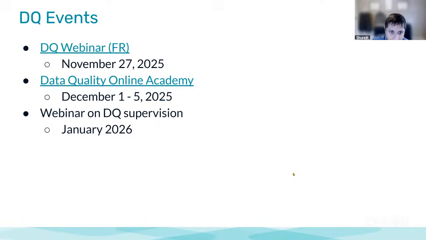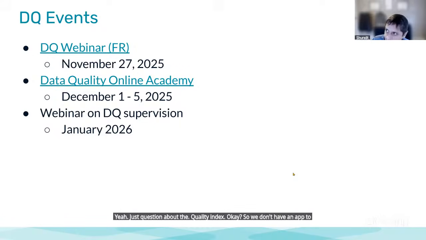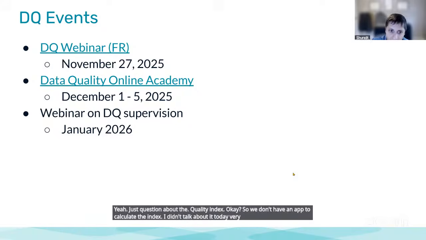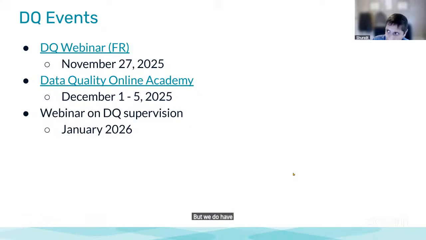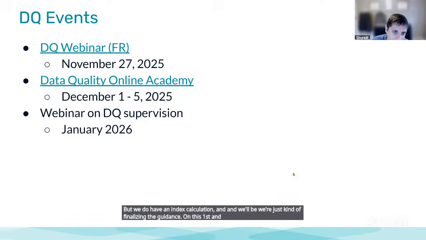Yeah, this question about the quality index. Okay, so we don't have an app to calculate the index. I didn't talk about it today very much, but we do have an index calculation, and we're just finalizing the guidance on this first and testing it a little bit more.